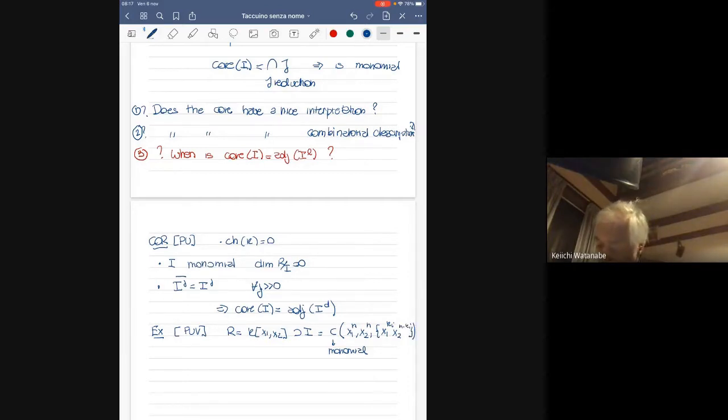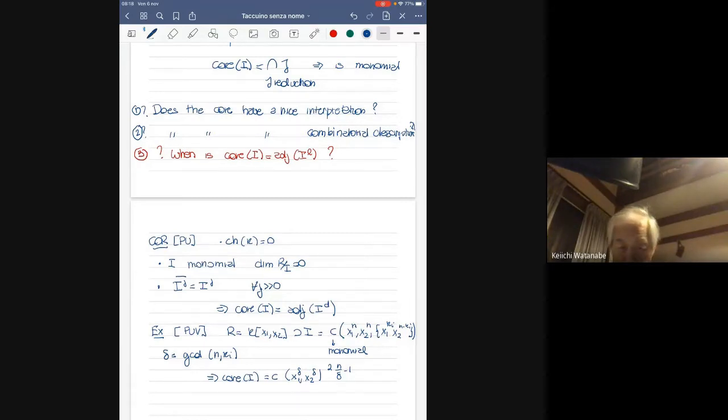And when you take delta, which is the GCD of n and the ki, then the core of I is again C, x1 to the delta, x2 to the delta, to the power 2 times n over delta minus 1. So very, very simple shape.